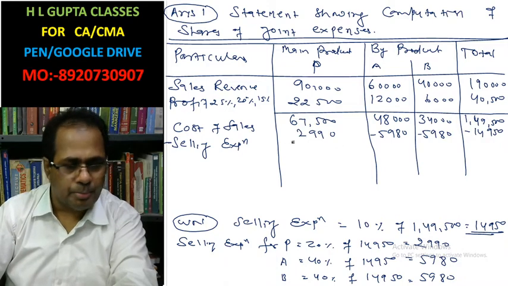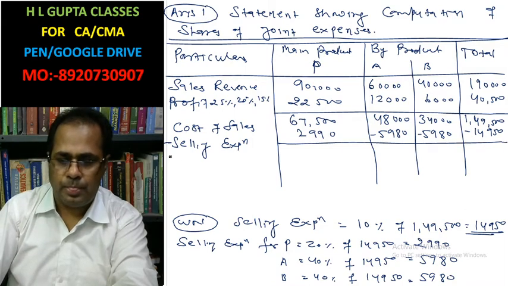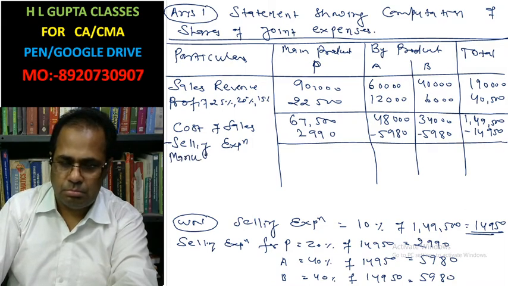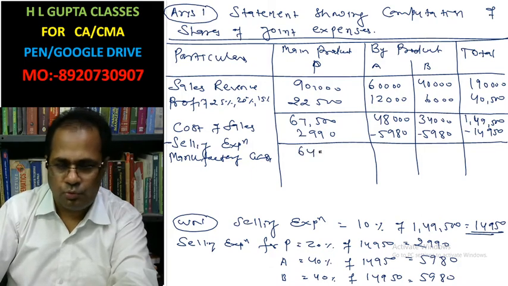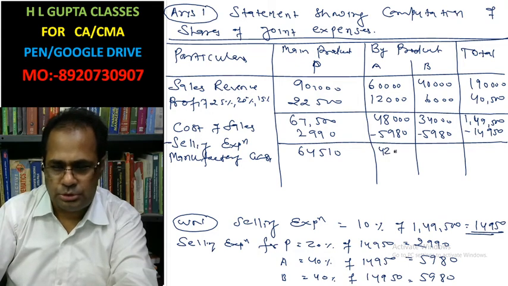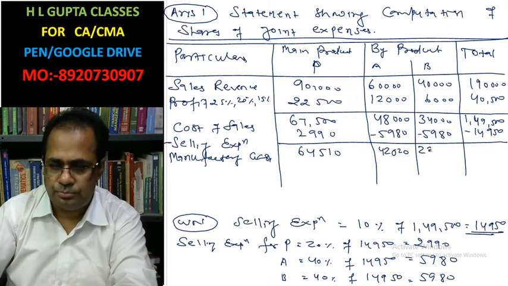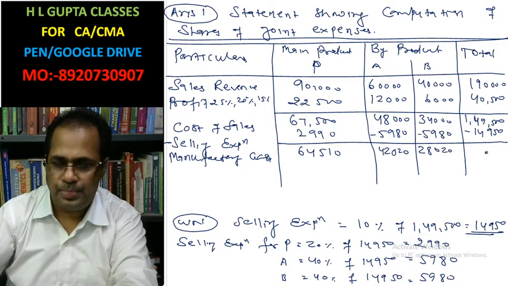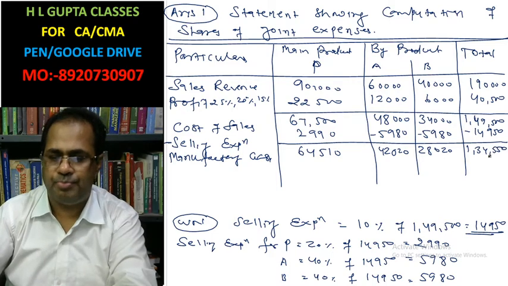This is the manufacturing cost: 64,510, 42,020, 28,020, total 1,34,550.